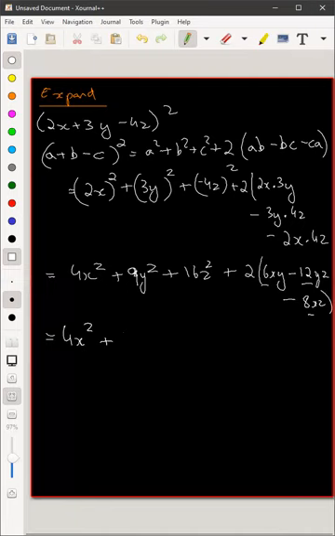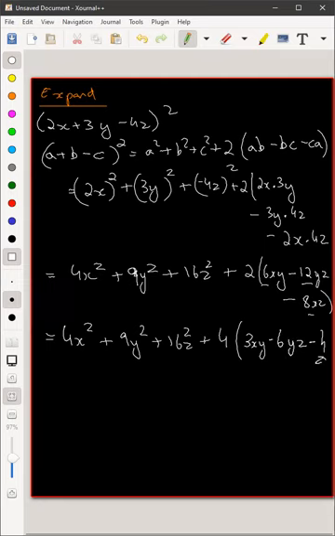We can take two out common more. So let's do that. Two will be 4, and 4 into 3xy minus 4 into 6yz minus 4xz.